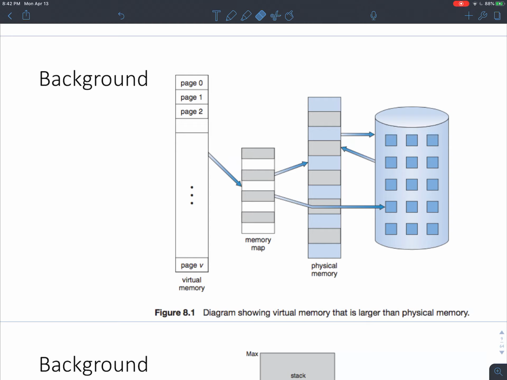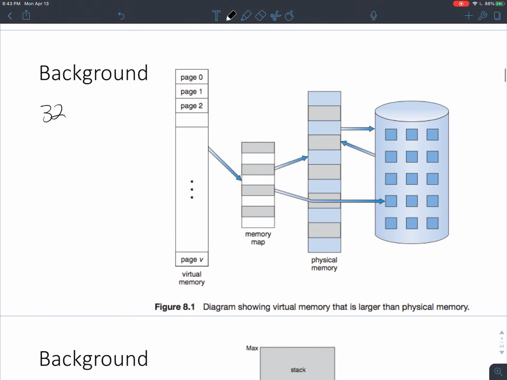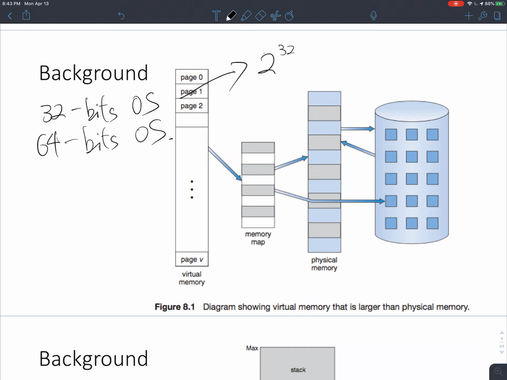Basically, we have two different types of operating systems, a 32 bits operating system or a 64 bits OS. If you use a 32 bits OS, it means the size of the virtual memory space is 2 to the power of 32 bytes.